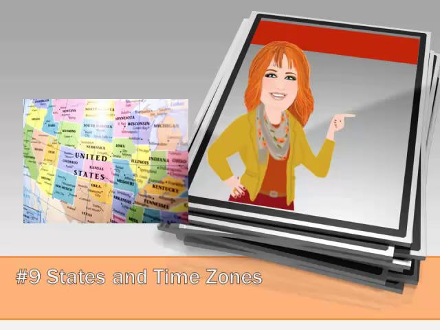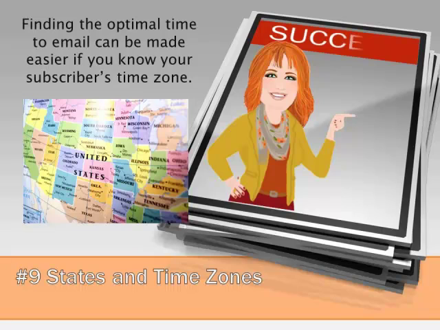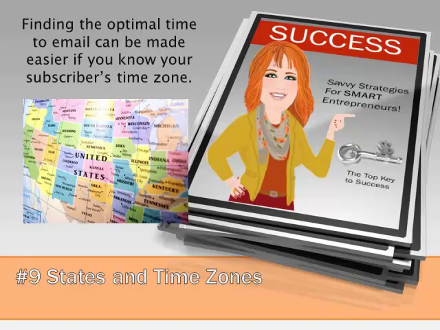You also want to take a look at, if you're in the U.S., what time zone and what states are the ones who are subscribing to your list. This can tell you the optimal time that is best for the most people who are on your list. For example, a majority of the people on my list are from the West Coast.